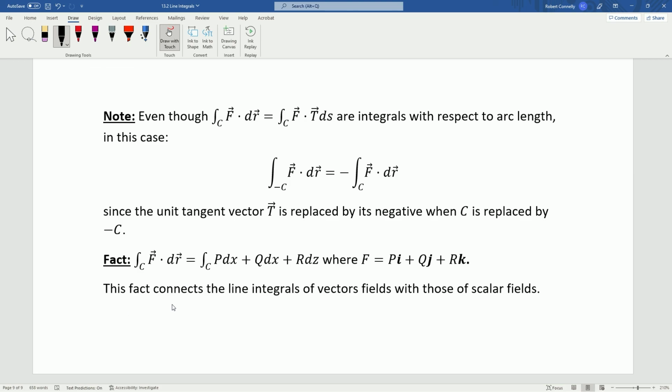So in other words, this is what connects line integrals of vector fields with those of scalar fields, and why we're concerned with integrating things of this form. Oh, that should be dy, that's a typo there. Please change that: P dx plus Q dy plus R dz. Okay, that makes more sense.